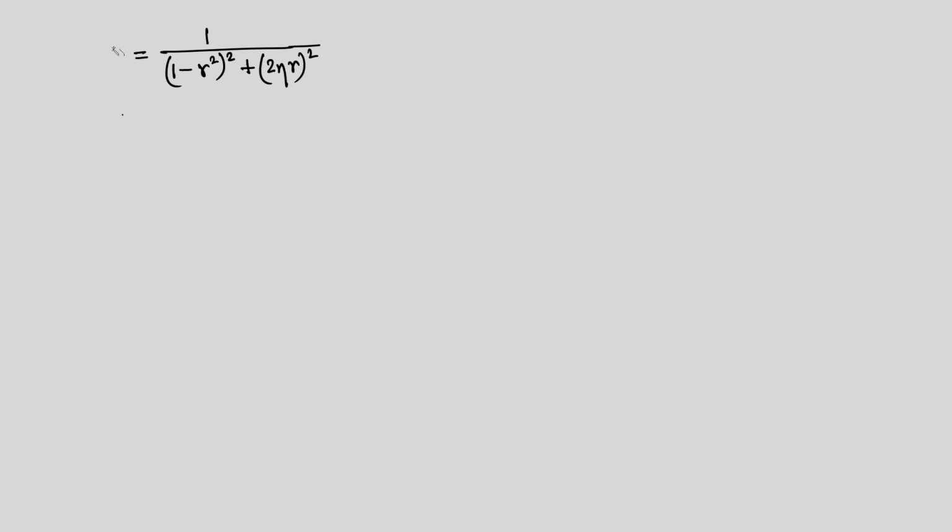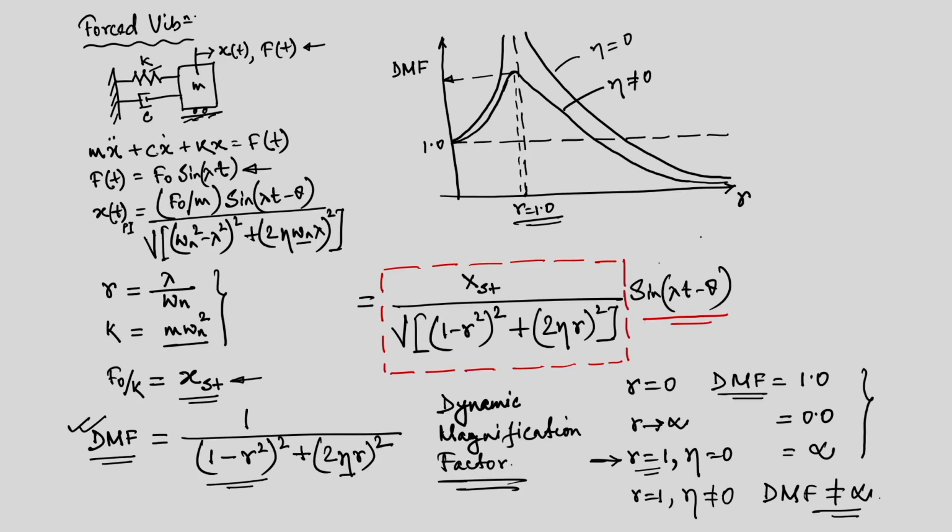Sometimes it is also used by a different notation. So, let us differentiate dynamic magnification with respect to R. So, what we will get? Sorry, just let me check the expression once more. There will be a square root, I just missed it. So, it is here. So, that square root will be there.